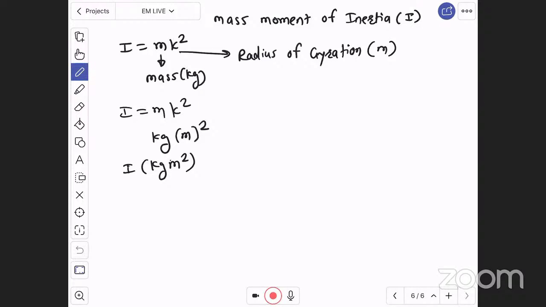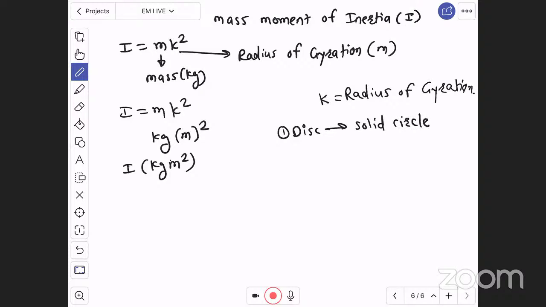Now let us first understand radius of gyration. First of all, we have to understand radius of gyration. Let us say k, and k is called radius of gyration. Let us understand this concept. Now let us say you have a disk. Disk is nothing but a solid circle.